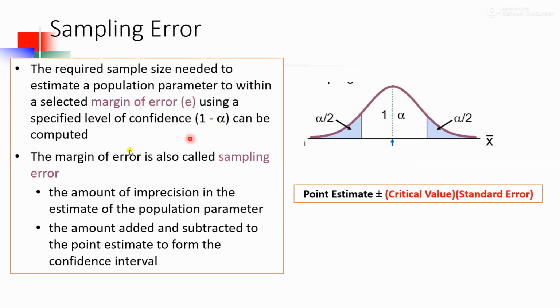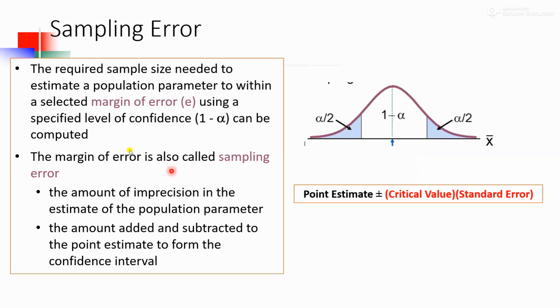So before constructing our confidence interval, we have to decide how many units we are going to allow as margin and what level of confidence we are going to use. Based on these 2 facts, we decide the sample size, and then we can construct our confidence interval.